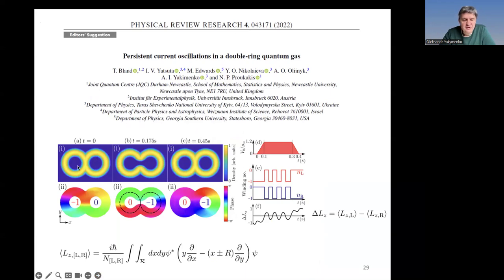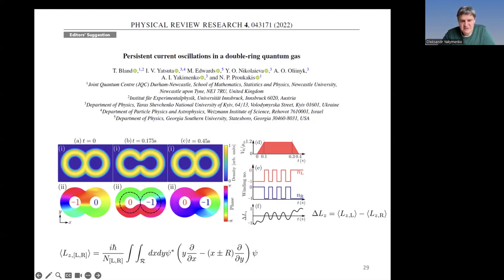For example, here you have this double ring system, and in this double ring system, you create, for example, in the left, some vorticity, then you open this gate, and the vortex can then drift from ring to ring, like in periodic motion. And this is affected by the flow motion in these rings, and this flow transfers the angular momentum.